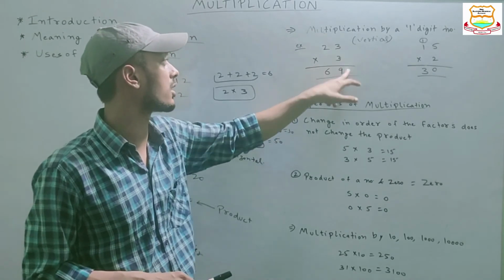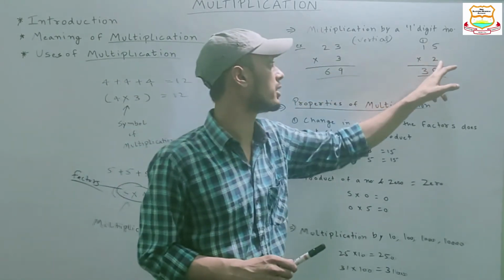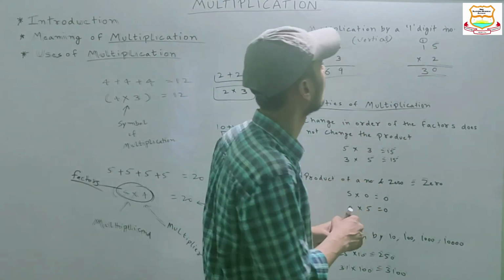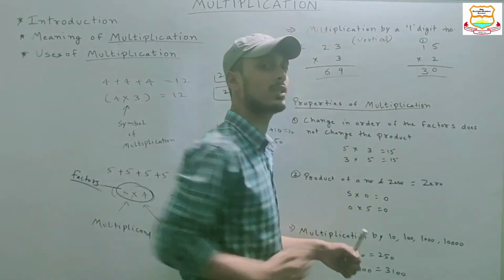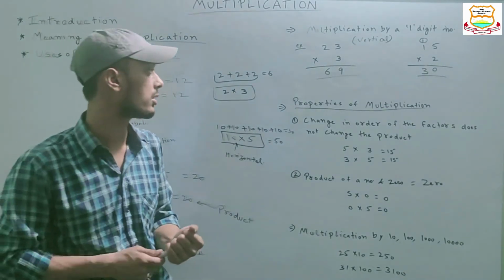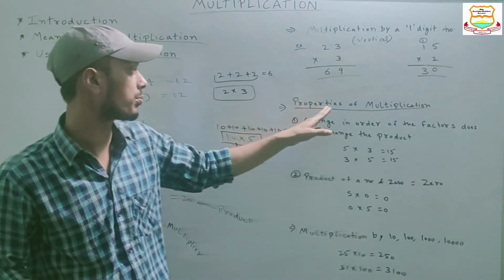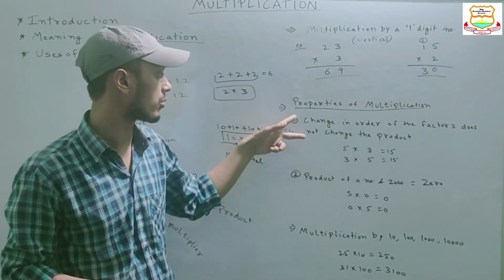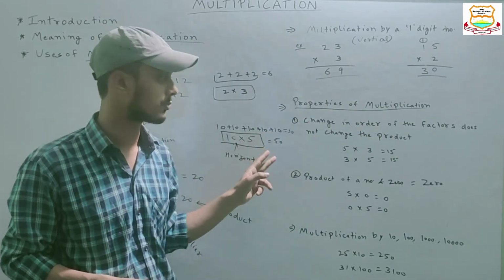23 into 3, 3 3s are 9, 3 2s are 6. 15 into 2, 2 5s are 10, 2 1s are 2, 2 1s are 2 plus 1 is 3, 30. Got it? Yes. After that we saw properties of multiplication. There were two properties we learned.